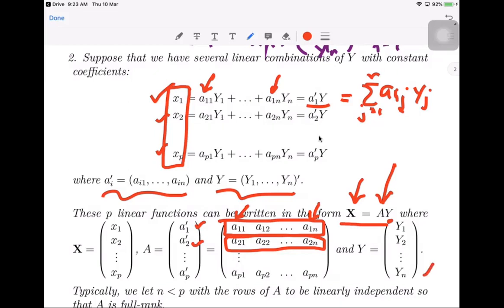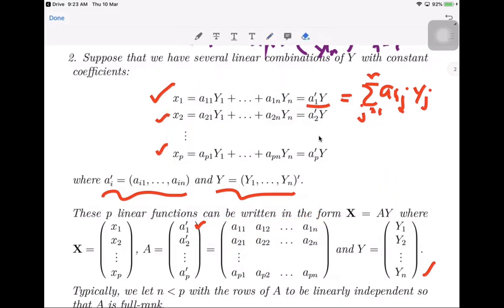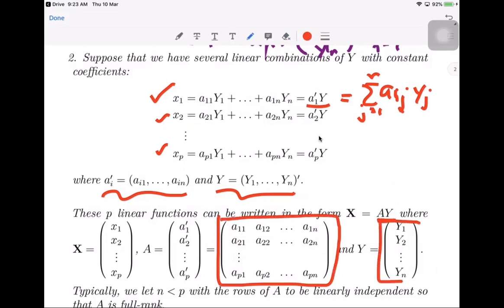If you try to rewrite this as A y, you multiply this by that, and this will generate this linear combination, which is equal to this.